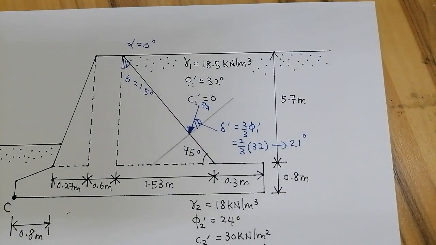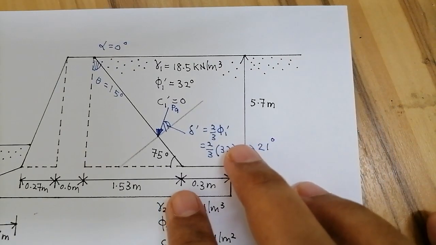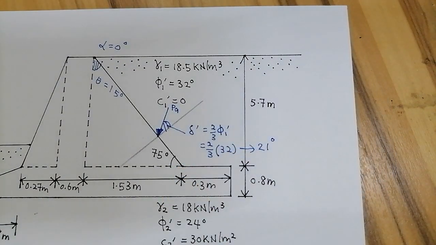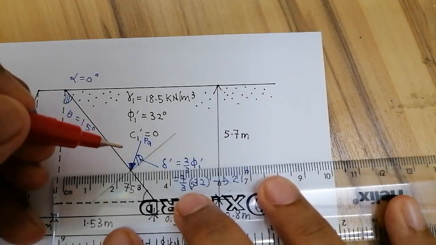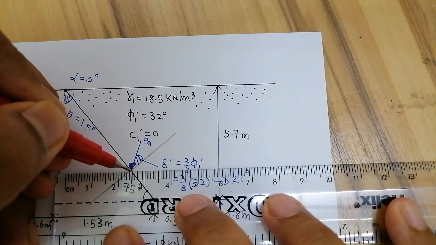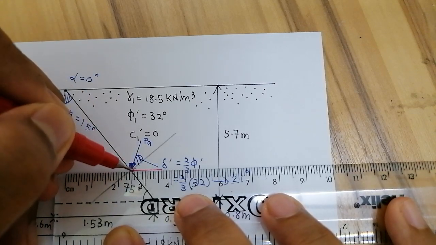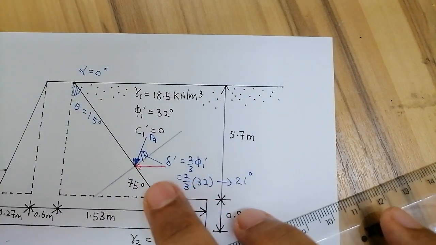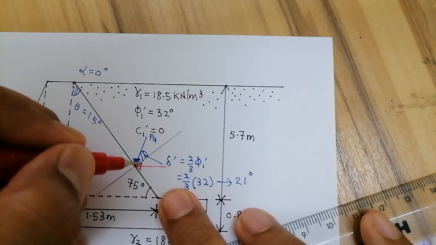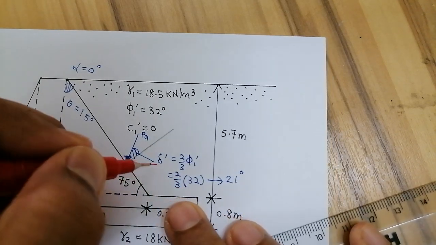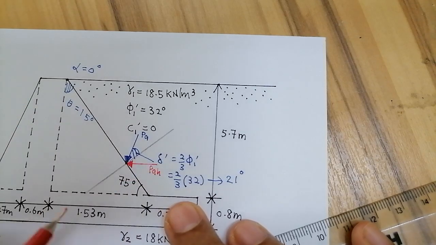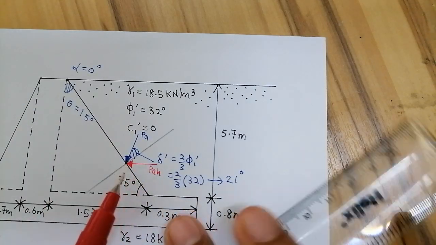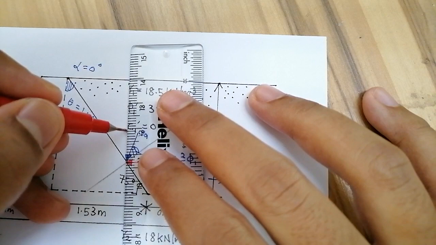Okay, let me draw this for you. I'm going to use the red pen. So we have to resolve our PA into its components. See the red one pointing to the left, I will name it PAH because this is horizontal, and one more is this one.